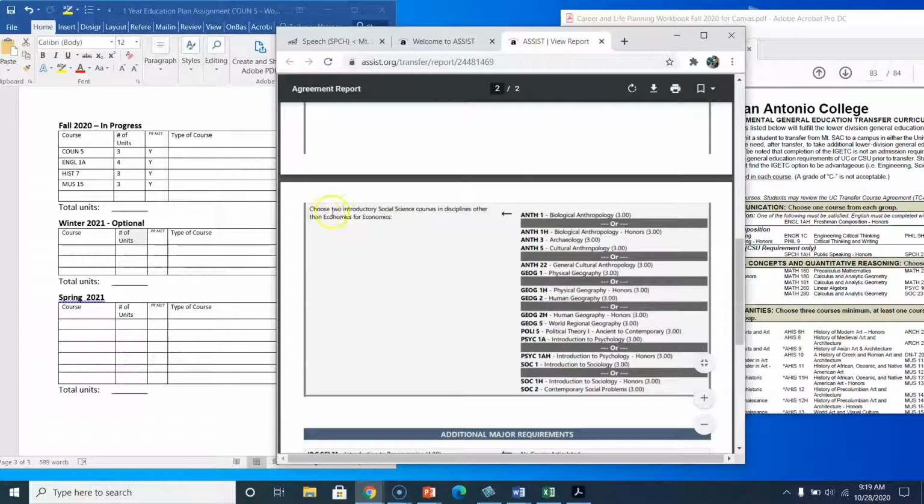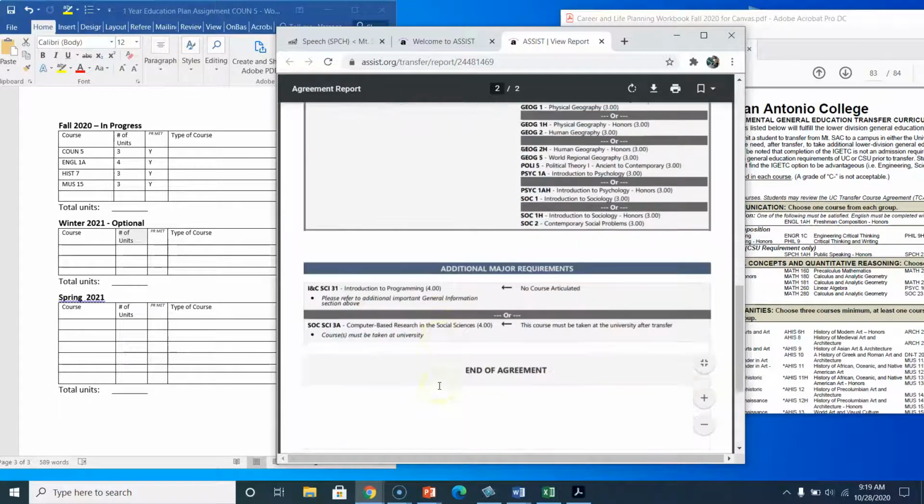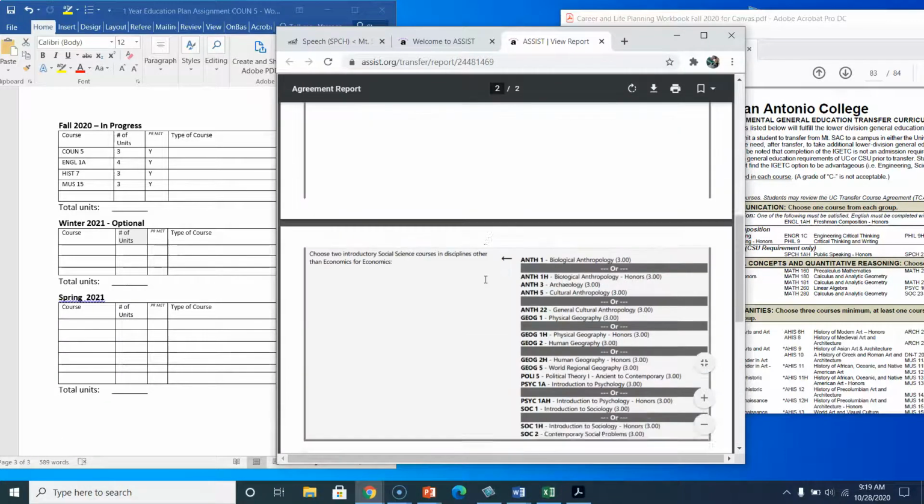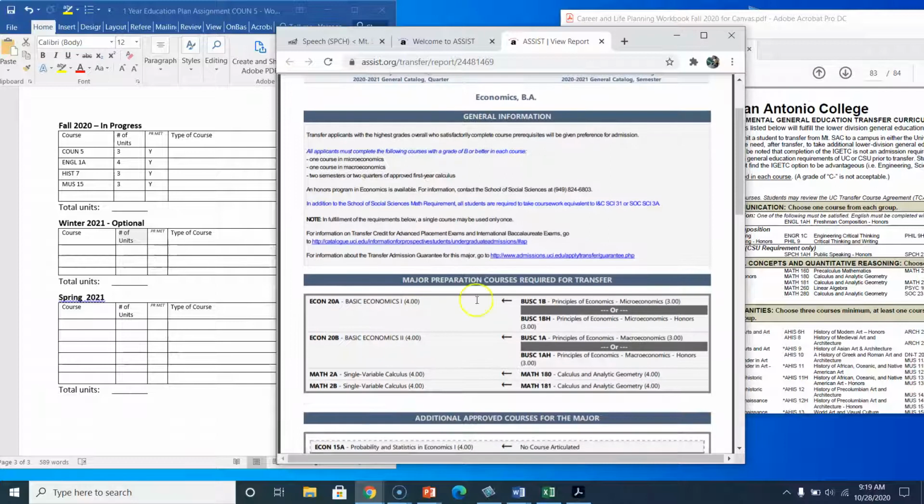Oh, it says 2. Choose 2 introductory social sciences. So we see anthropology, geography, poli-sci, psychology, so we've got a lot of things to choose from here. And then these classes we can't take at Mount SAC. You have to take them after you transfer. Okay. So now we've got an idea of his major courses that are required.